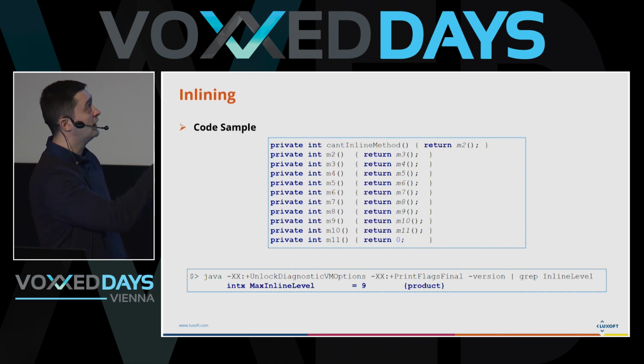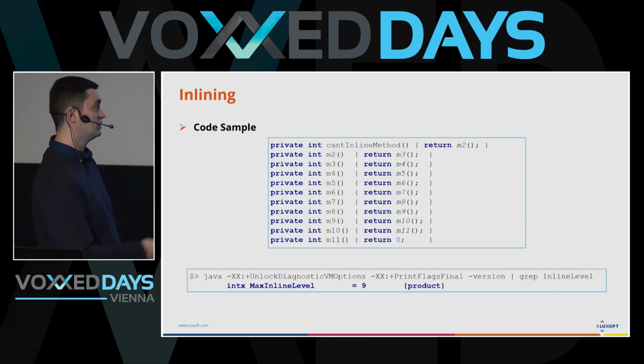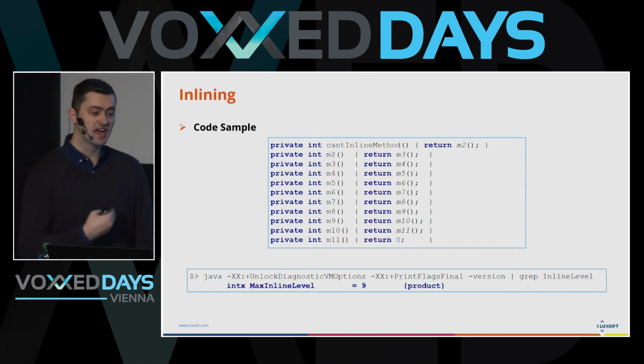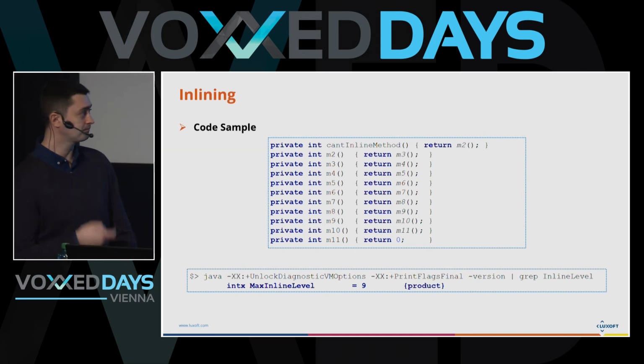It calls M2, M3, M4 up to M11, which at the end returns 0. Why did I do that? Because the HotSpot JVM has a parameter called MaxInlineLevel, whose default is 9. So after the 9th level of call depth, the just-in-time compiler is not able to inline our code anymore.